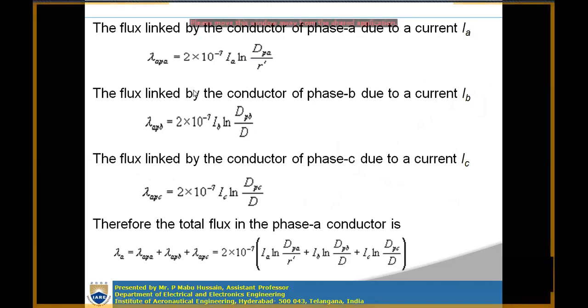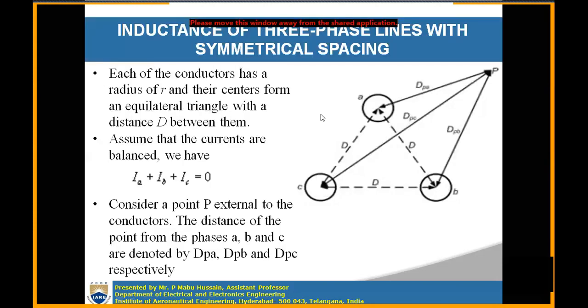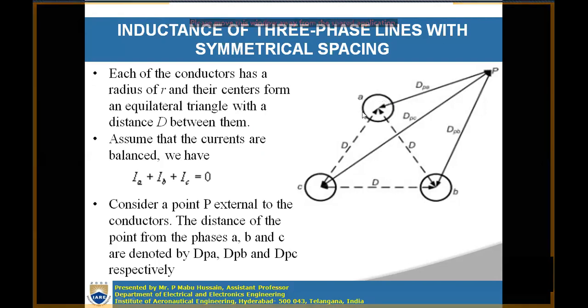Now write the expression for flux linked by the conductor of phase A due to its own current IA. You know the flux linkage expression. Consider conductor A and write the flux linked by conductor A due to the current flowing through that conductor alone.